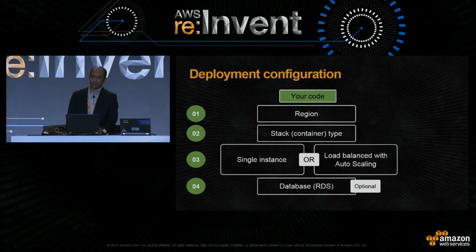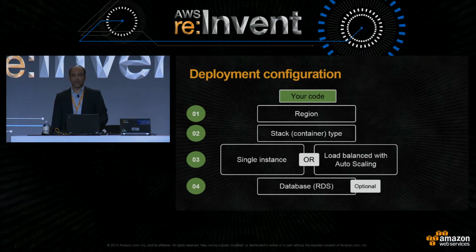Are you running a Node application? Or do you want to deploy a Docker container? That's the other piece of information that we need. And then we have single instance or load balanced environment. So which type of environment do you want? Do you want something that you're using for testing, or do you want something that you want to run a production load on? And optionally, we can provision an RDS database for you if that's what you choose.